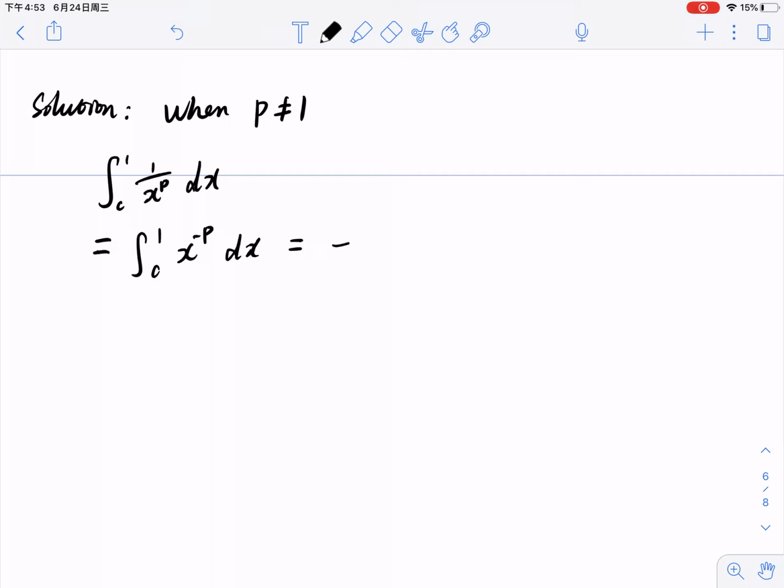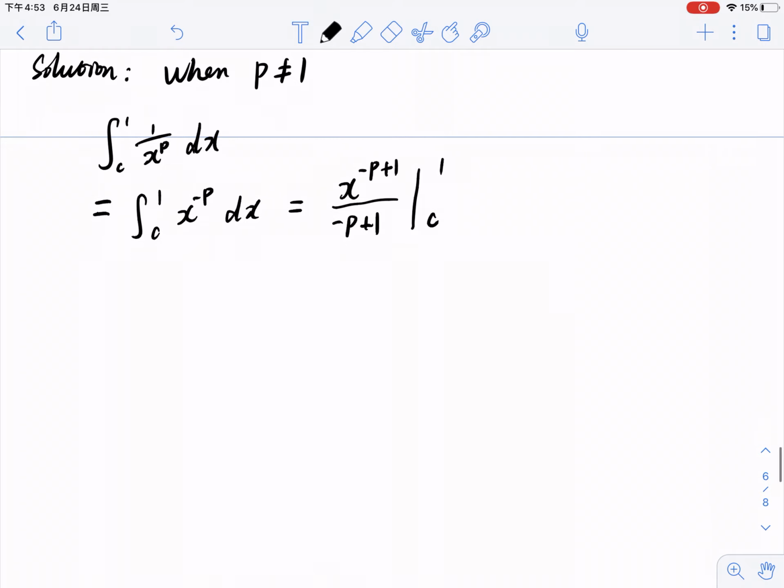So this is 1 over negative p plus 1 times x to the negative p plus 1, from c to 1. When x is 1, it's 1 over negative p plus 1, minus c to the negative p plus 1 over negative p plus 1.